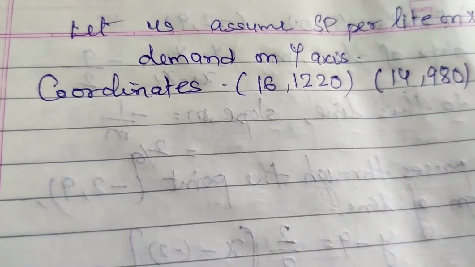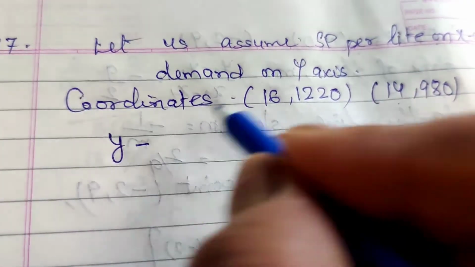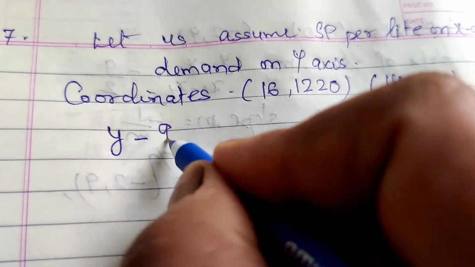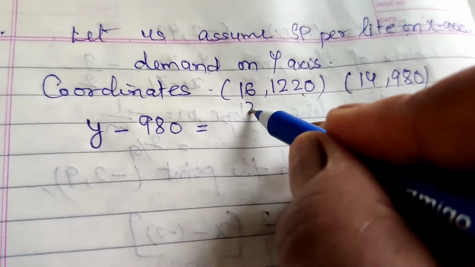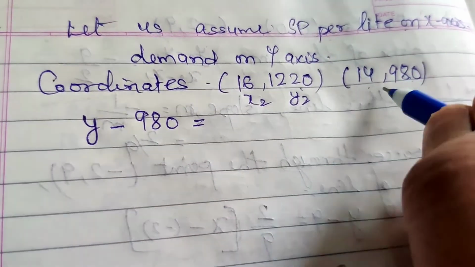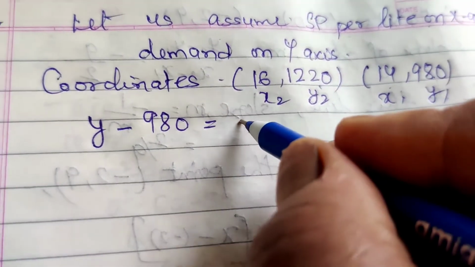Now the equation of the line passing through this: y minus y1, and y1 is 980. इसको हम लोग x2 y2 लेंगे क्योंकि ये बड़ा नंबर है और ये x1 y1 छोटा. माइनस करेंगे तो नेगेटिव का चक्कर नहीं रहेगा.